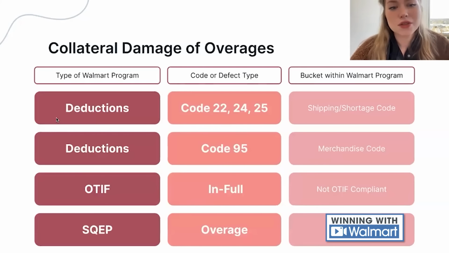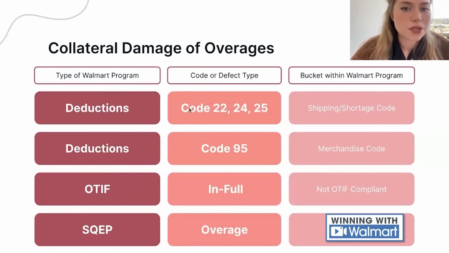But these are the different kinds of programs and the actual codes or defect types. So what we have here is the deductions. I mentioned code 24. If you're not familiar with the very specific codes, we have an entire ebook, our Walmart Deduction Guide Explained, which talks about each of the different codes that Walmart has, what they are, how to dispute them, and if they can be disputed.